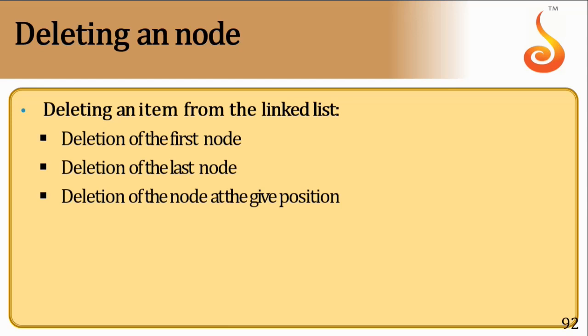If there are no nodes in the list, that is, my linked list is empty, head would be pointing to null. So whichever node head points to would be my first node in the list, and then the last node's link part would be pointing to null. That is how I identify the last node in my list: the node whose link part is pointing to null is the last node.